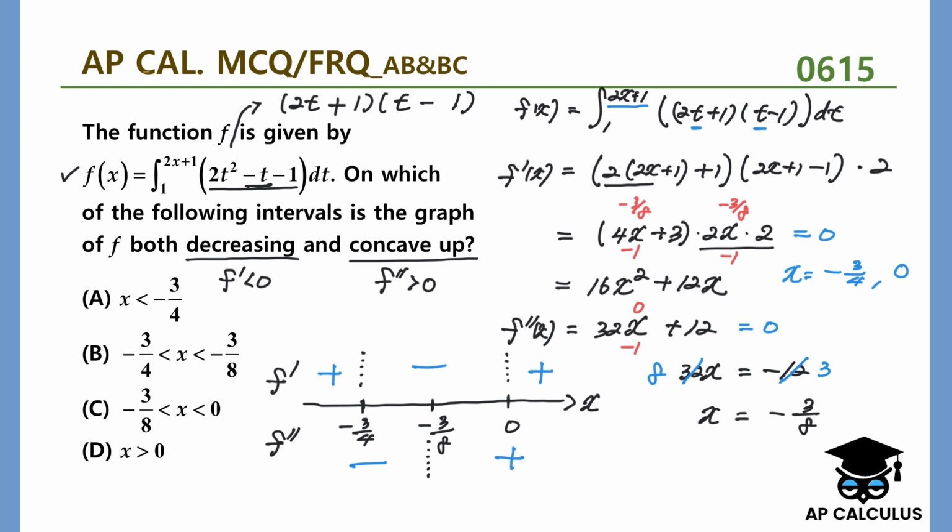So we have to find the interval where f prime is negative and f double prime is positive, right? That's right over here. F prime is negative, f double prime is positive. So the answer must be from negative 3 over 8 to 0. The answer is C, right?